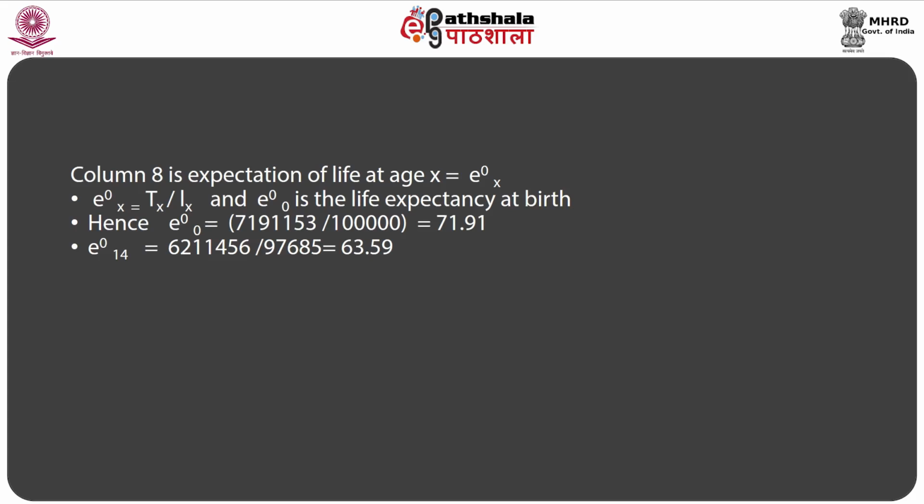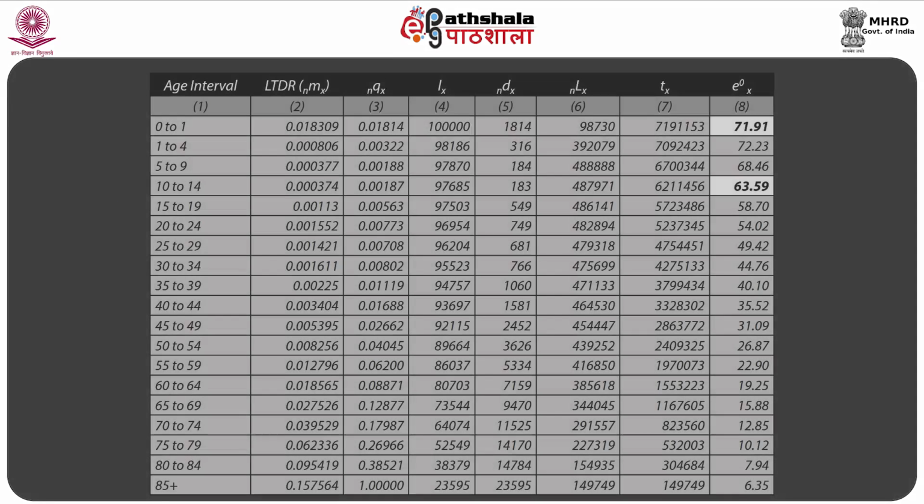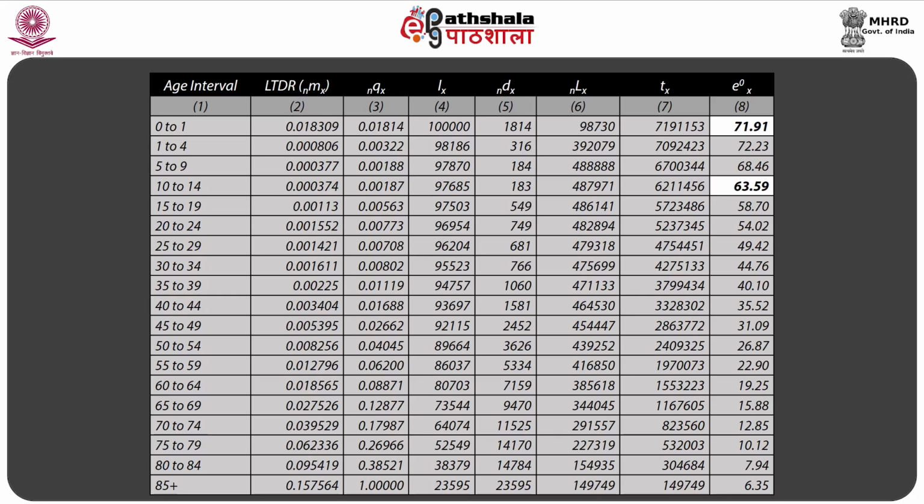Hence e naught naught equals 7191153 divided by 100,000 equals 71.91. e naught 14 equals 6211456 divided by 97685 equals 63.59.